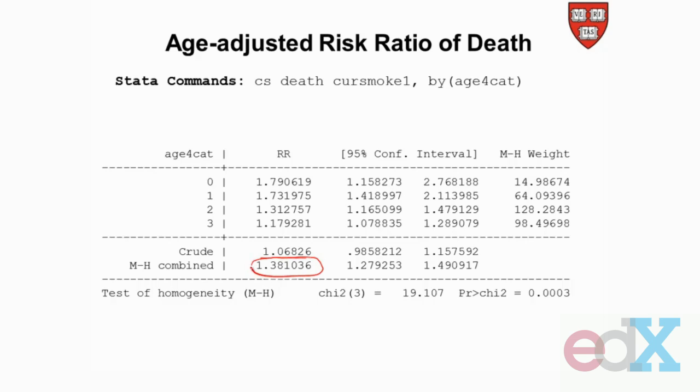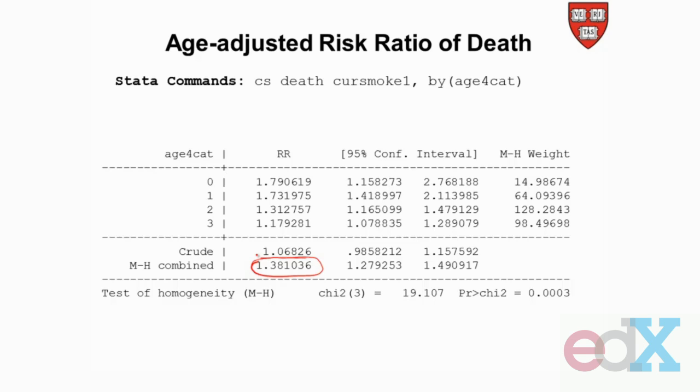This means that after adjusting for age, people who are smokers have 1.38 times the risk of death compared to people who are non-smokers. So that means that after adjusting for age, smokers have a 38% increase in their risk of death compared to non-smokers.